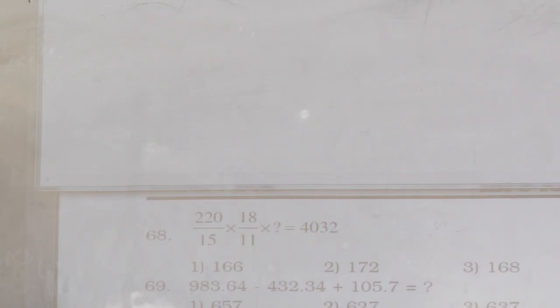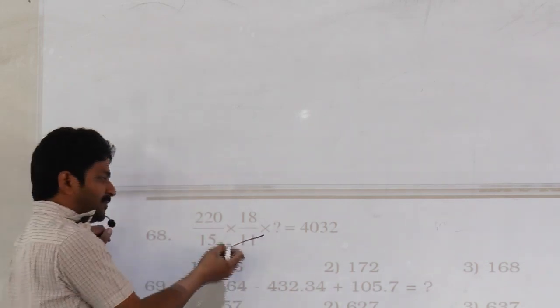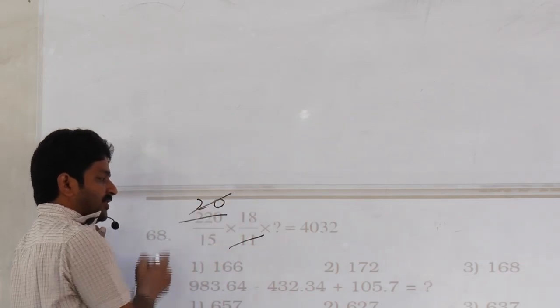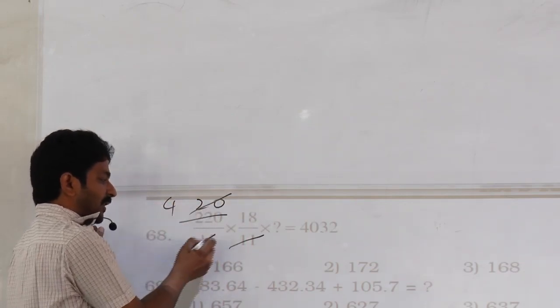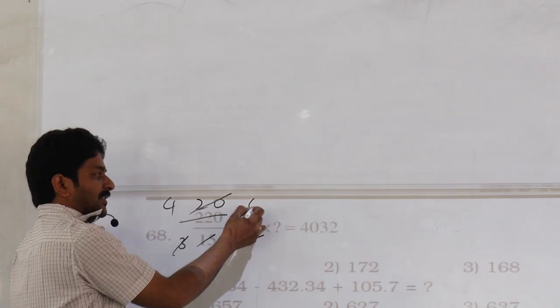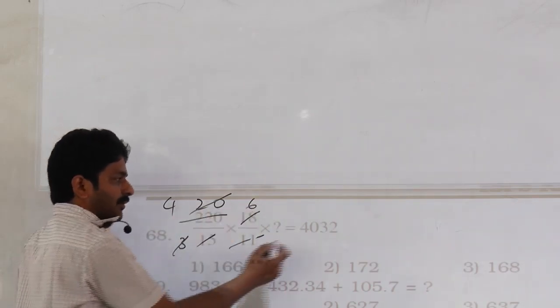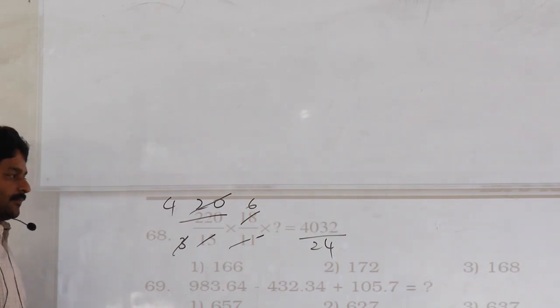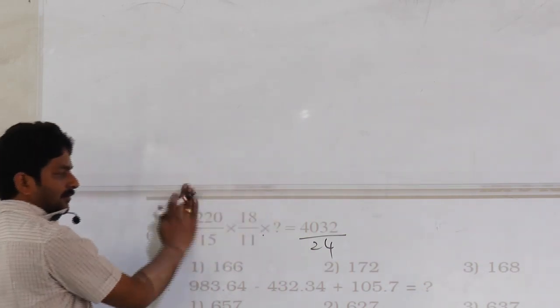Next, 11 how many times? 20 times, which is 5 4s, and then 3 times 3, 6 times 6 4s 24. So this number divided by 24, right?